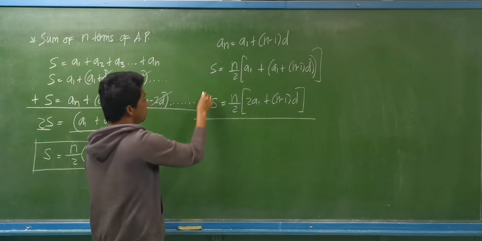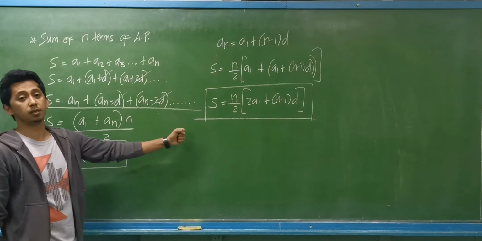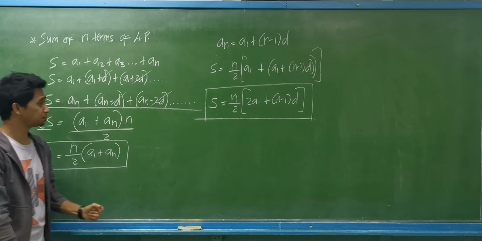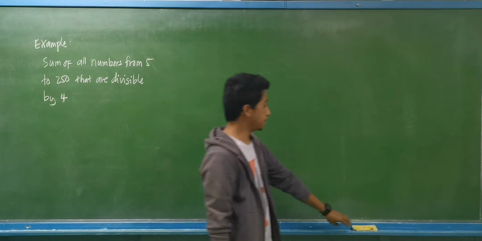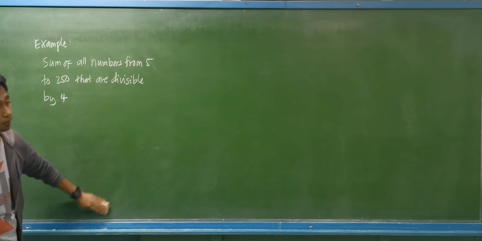So this is another form of the formula for the sum of the terms of an arithmetic progression. Let's have an example.